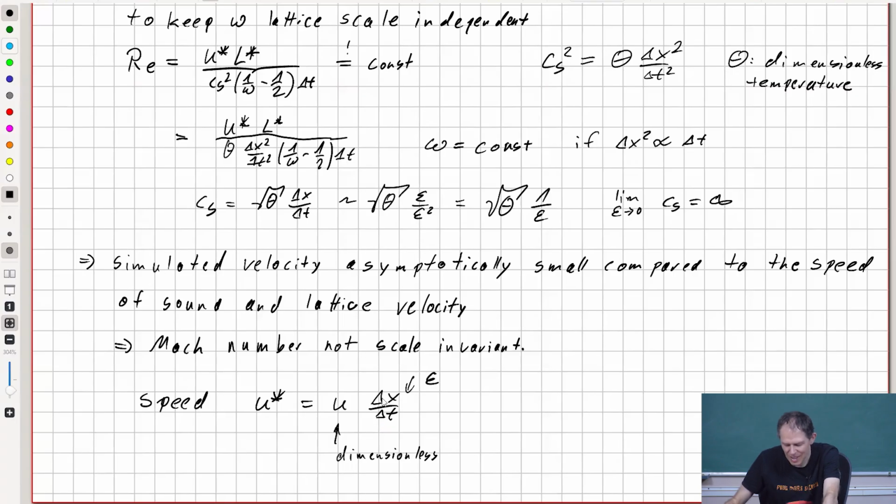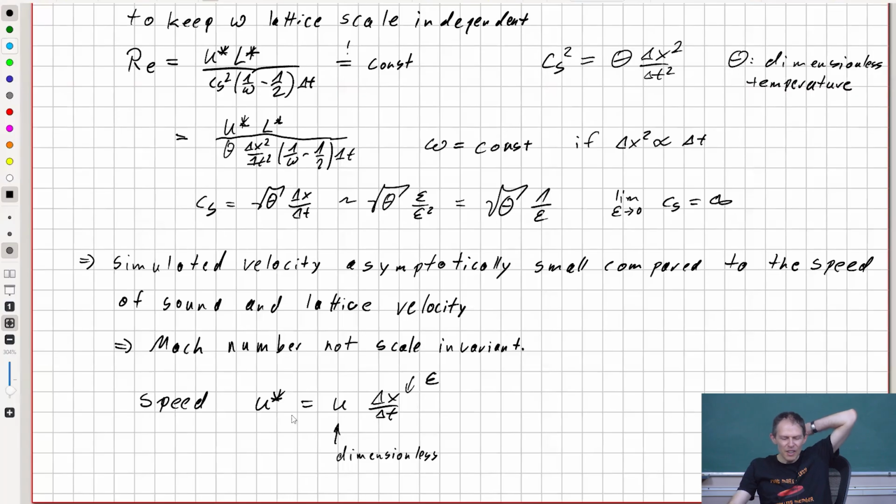I see there can be confusion that this here is given in lattice units. From this perspective, delta x is 1 and delta t is 1 because it's given in those units.